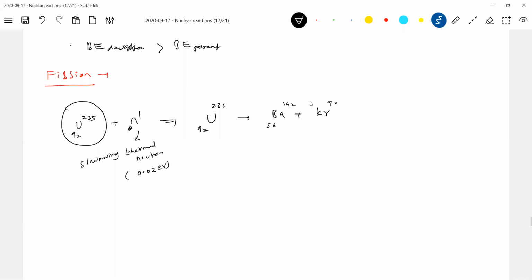Altogether around 72 different types of fragments can come; in books we have given around 10. I'll write that down tomorrow. On average, 2 neutrons plus energy will be released. So these are the fragments, and these are the high-speed neutrons.